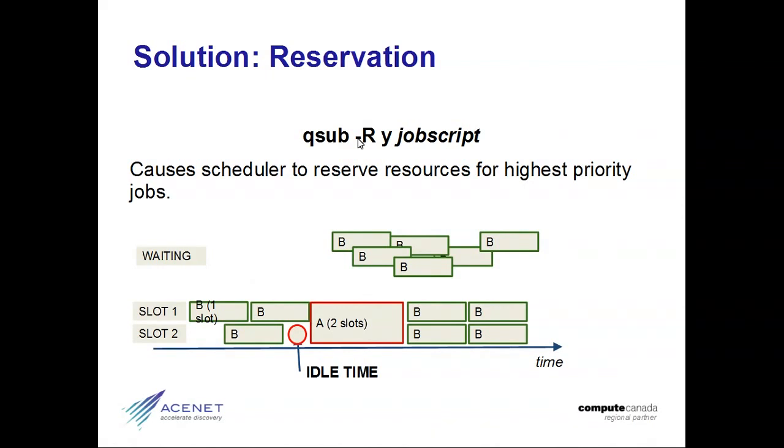If you are looking at show queue output and your job has been at the top of the priority section waiting, and yet you've seen other jobs bypassing it repeatedly, then possibly you need to turn on reservation. Feel free to talk to us at support@acenet.ca about this. It's not a huge cost to run reservation for a few jobs, but we will not turn it on by default for everything because that will slow things down.